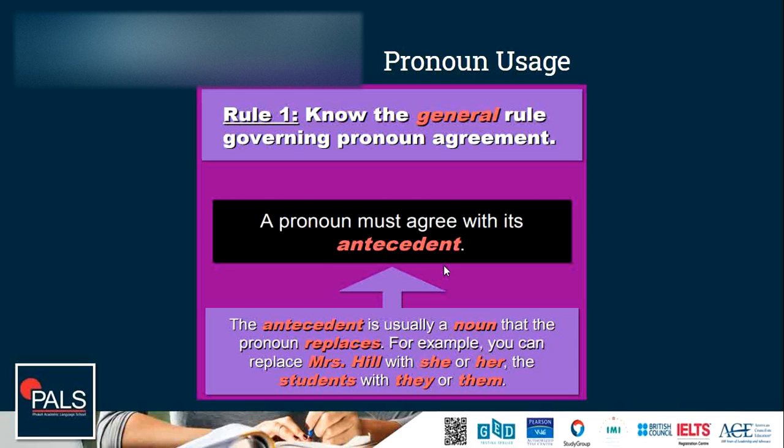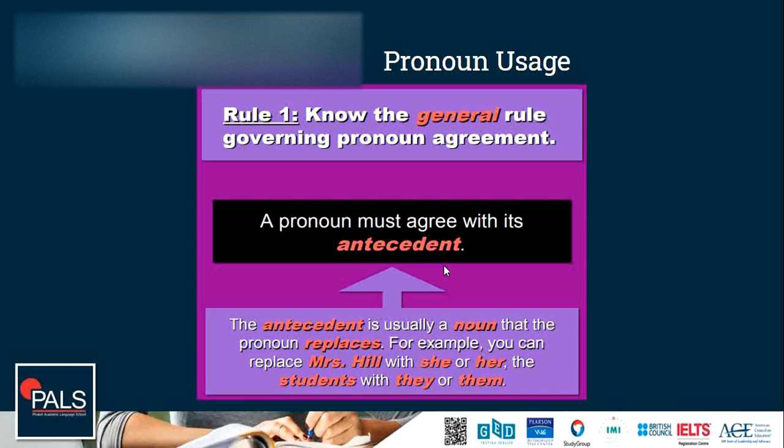So, pronoun usage. There are some rules that we need to follow whenever we are using pronouns. They are a bit confusing at times, but as long as you know these particular rules that I will talk about today, it will be so easy for you to deal with sentences that have problems with pronouns in the future.